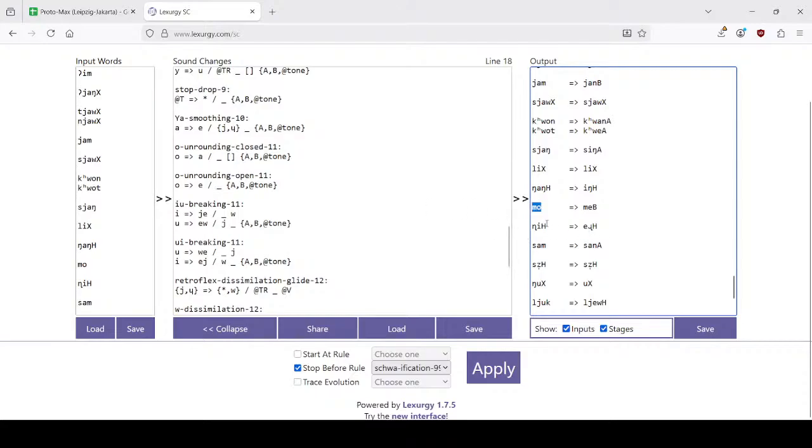And then two for second. ni becomes 二, san becomes 三. I know these off the top of my head.